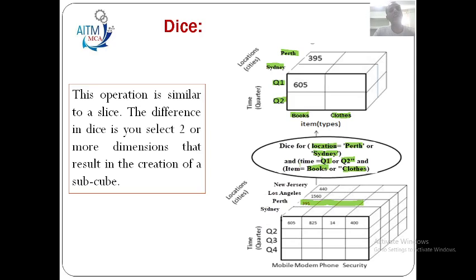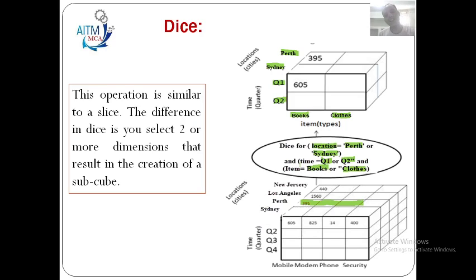That results in the creation of subcubes. We have created a subcube here. Got it? So subcube means more than one slice you can consider. This is what the dice is.